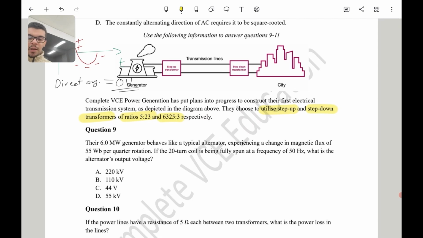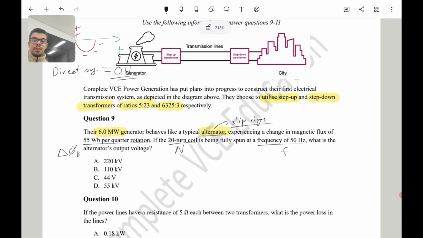Now the 6 megawatt generator behaves like a typical alternator. Okay, so alternator, we know this means it has slip rings. Just as a side note, it experiences a change in flux of 55 Webers per quarter rotation. Let's annotate that. Now, if a 20-turn coil is being fully spun with a frequency of 50 Hertz, what is the alternator's output voltage?